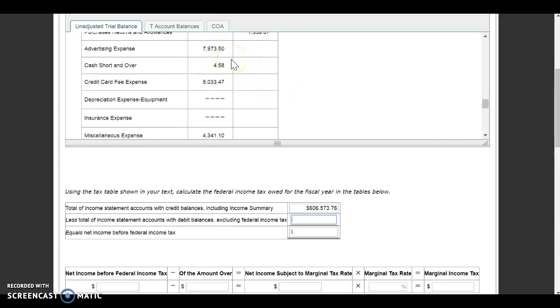Advertising expense did not change, so I have 7,973.50. I did not change cash short and over, so $4.58.